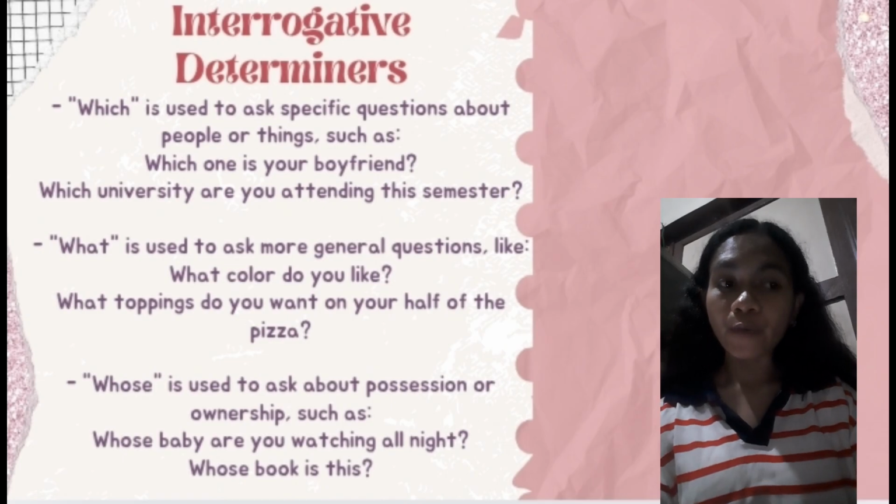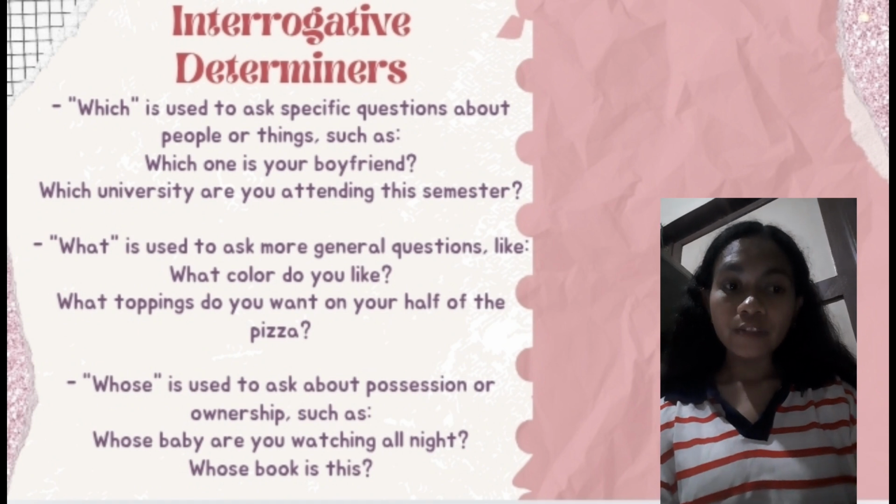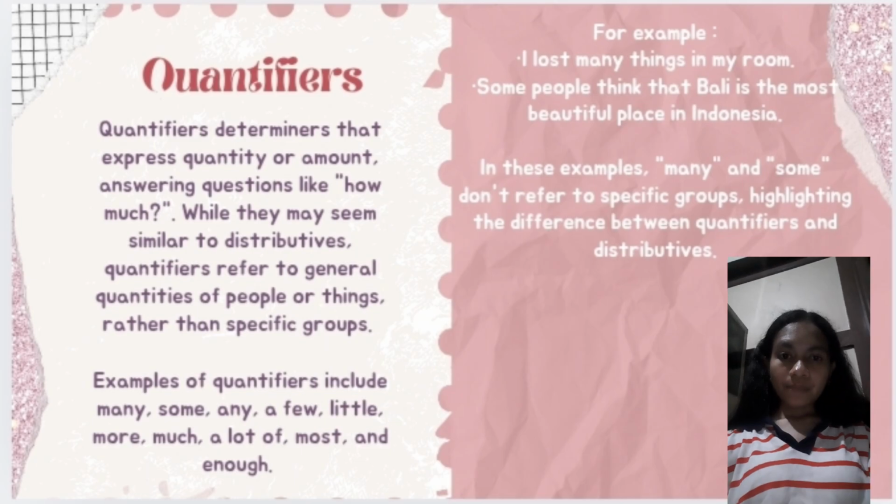What toppings do you want on your half of the pizza? Whose is used to ask about possessions or ownership, such as whose baby are you watching all night? Whose book is this?